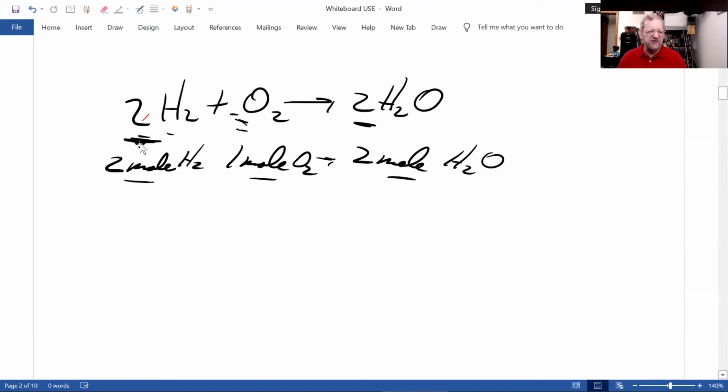The coefficient in front of a substance in a balanced chemical equation tells you how many moles, the molar relationship. 2 moles of hydrogen react with 1 mole of oxygen to make 2 moles of water. How can that be so powerful?